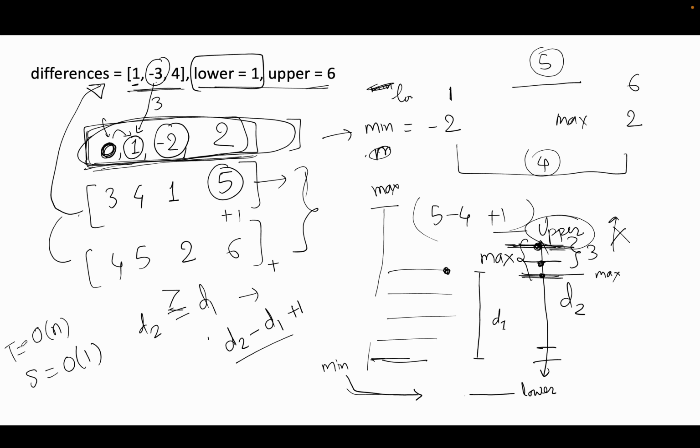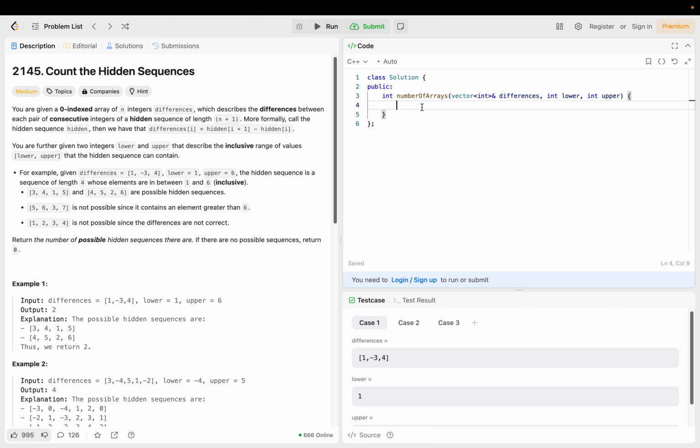Now let's write the code for this. So let's say we have max val equal to 0, min val equal to 0, and val equal to 0, and then val is the first element or the previous element, and for d in differences, val plus equals d.